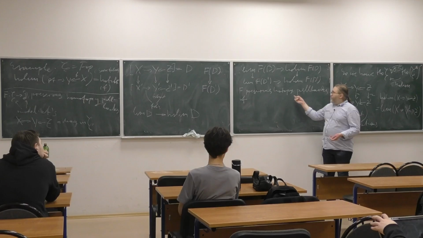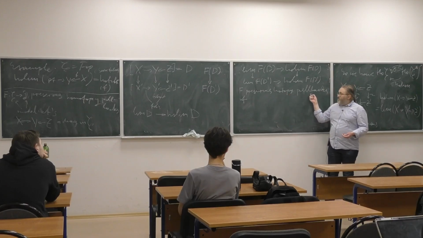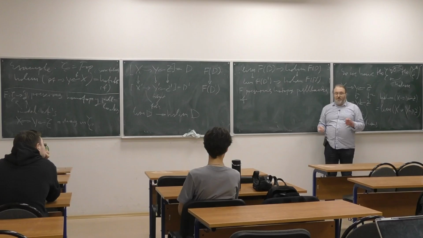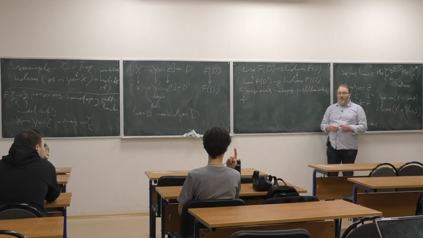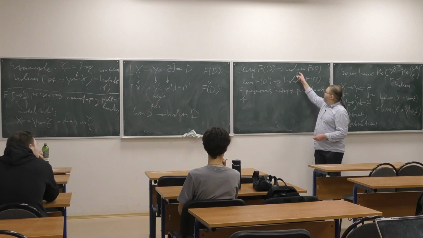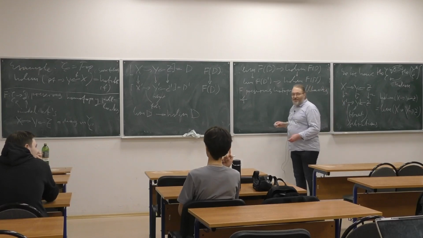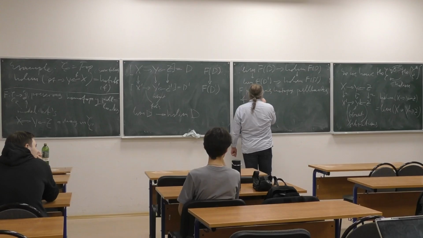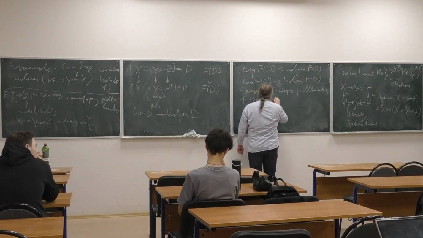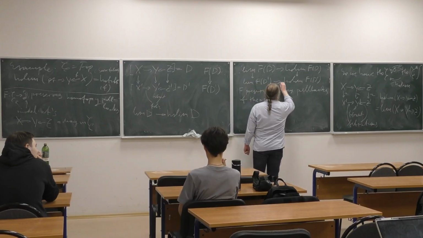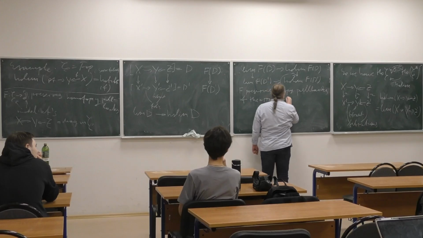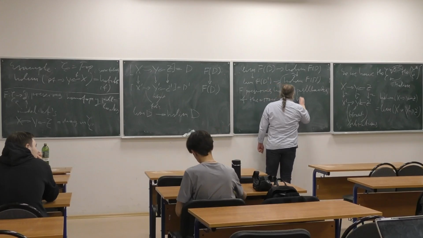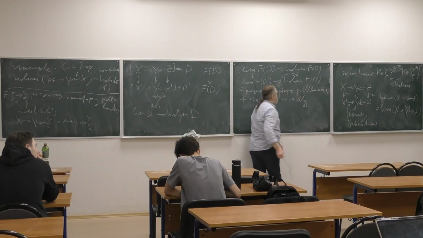So f preserves homotopy pullbacks if which of the arrows is a weak equivalence? Yes, the right vertical. This arrow is a weak equivalence.